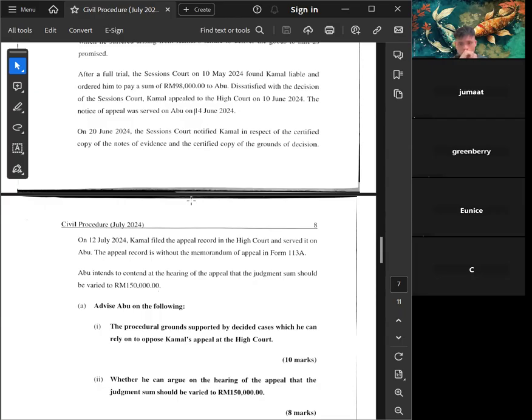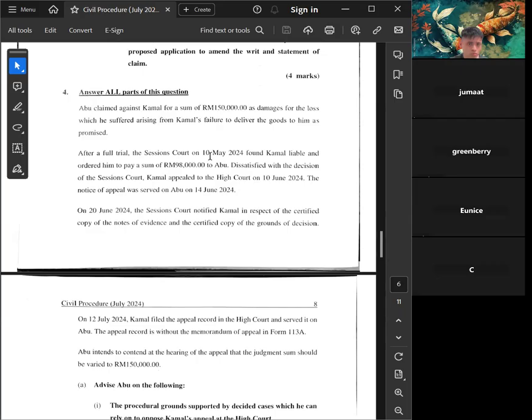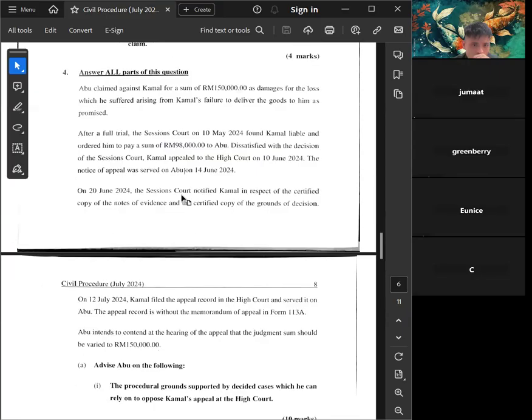Okay, I saw the question. I think he is just disputing partially. Okay, never mind, we leave it on hold first, because the way I understand the question, instead of paying a sum of 898, he wants to get the 150,000 back.